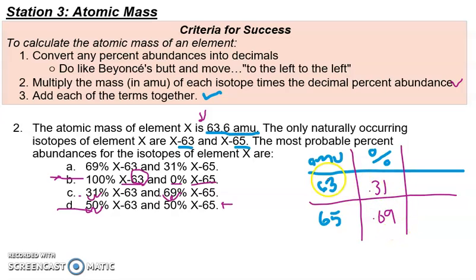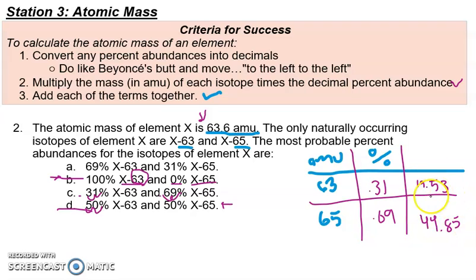So now I'm going to multiply 63 by 0.31, and I get 19.53, and now I'm going to multiply 65 times 0.69, and I get 44.85.